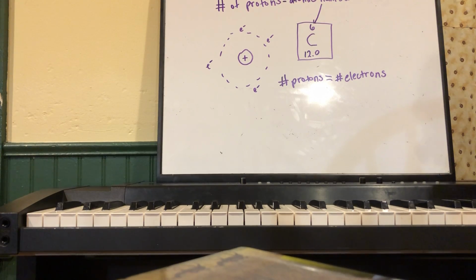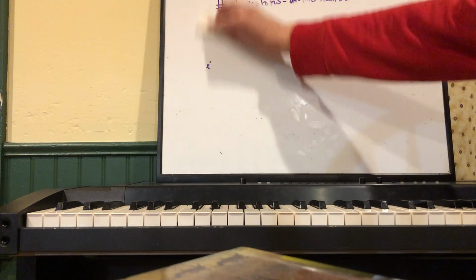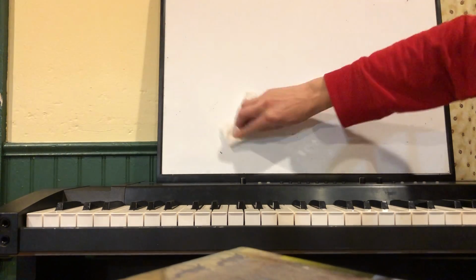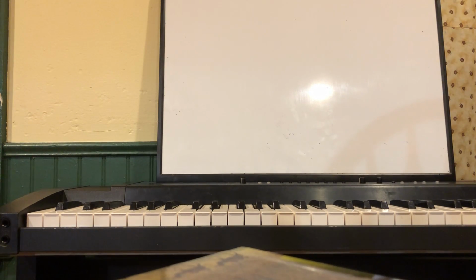Now, we learned that there was something else. In the nucleus of an atom, there's also something besides just protons. There's something called neutrons. And neutrons are neutral, so the number of those can be different.